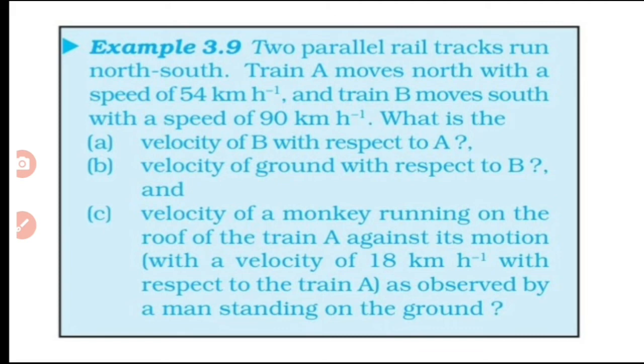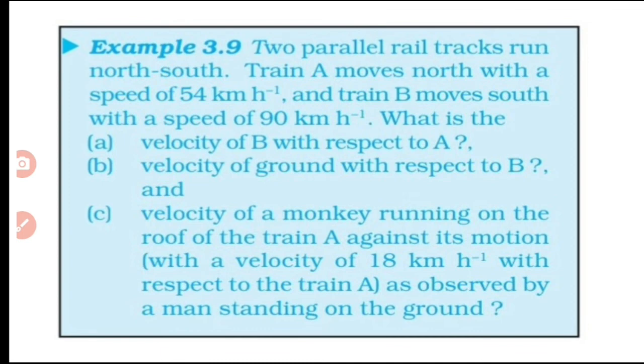Train A is moving towards north, so the monkey is moving towards south, and its speed is 18 km per hour with respect to train A. You are asked to find the velocity of the monkey with respect to a person standing on the ground, that is, with respect to the ground.